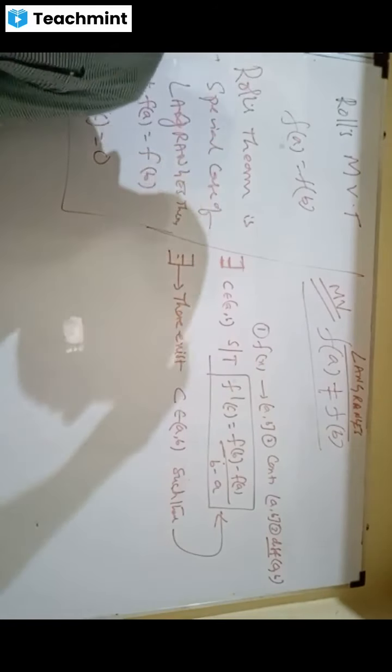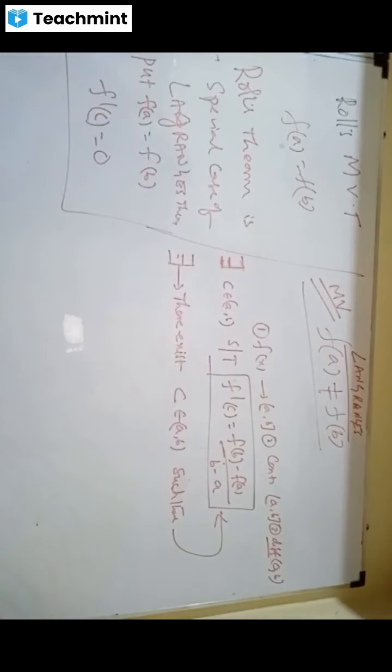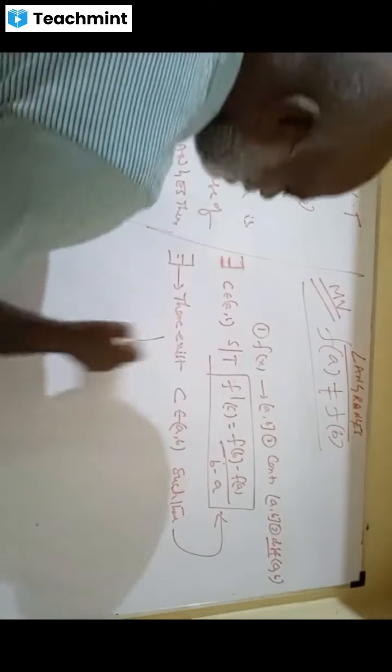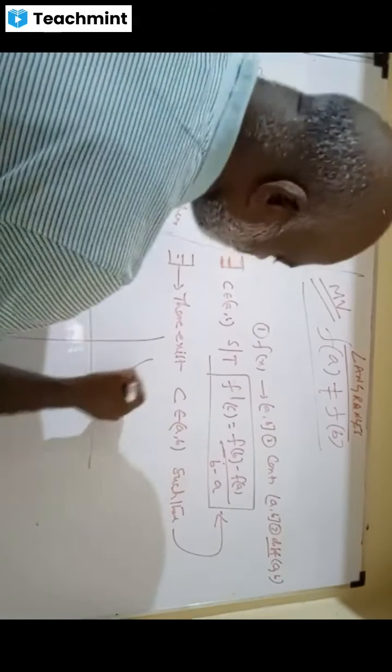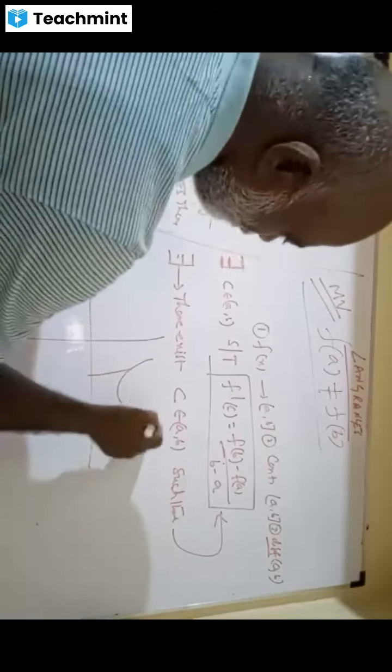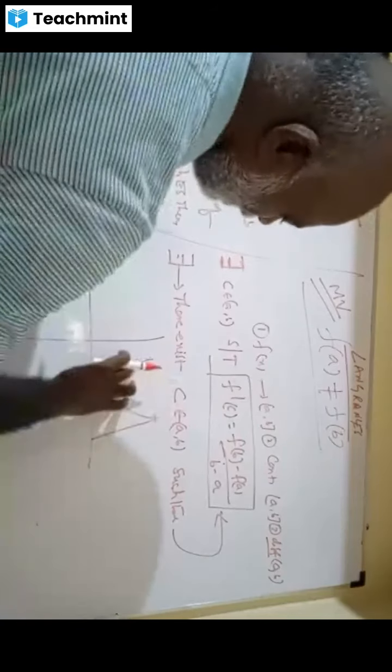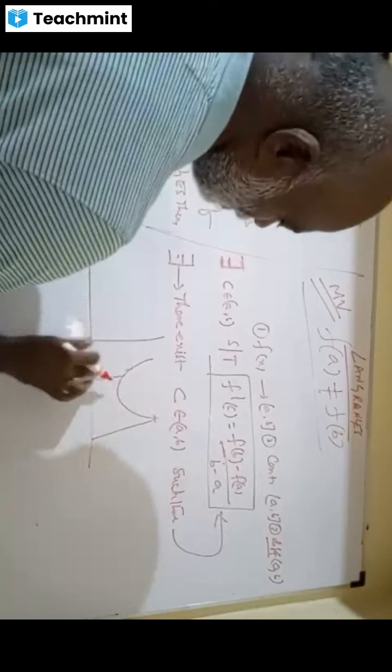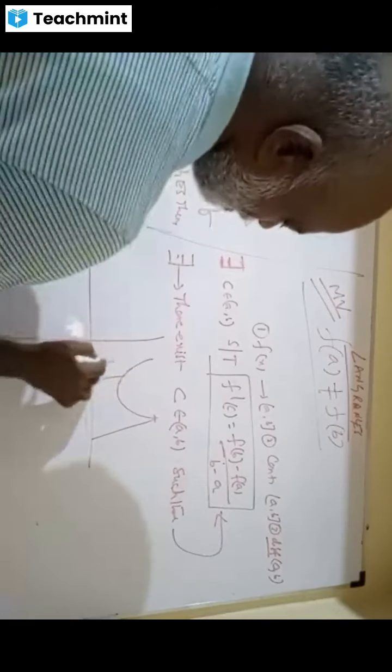Siddharth, are you listening? So, f of A should not be equal to f of B. This is f of B, longer than f of A. This is f of A in the height.